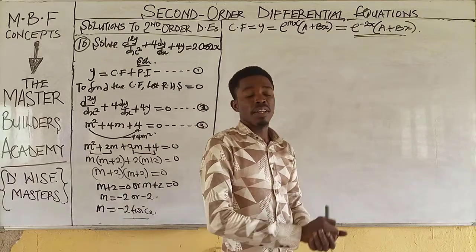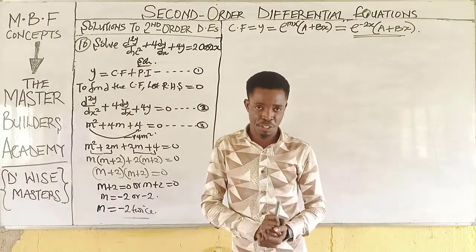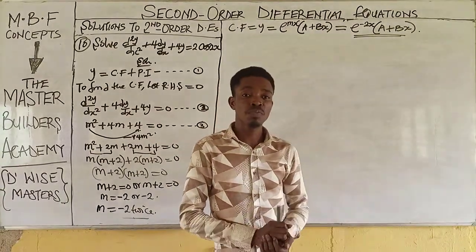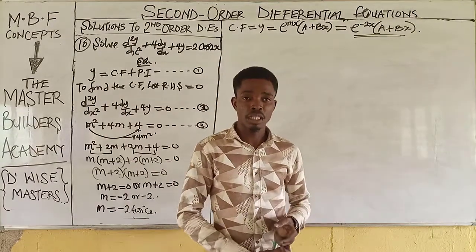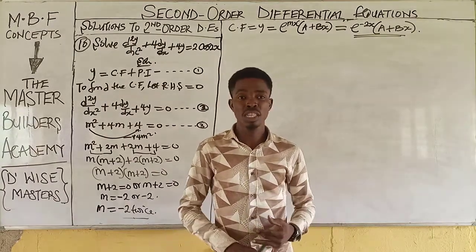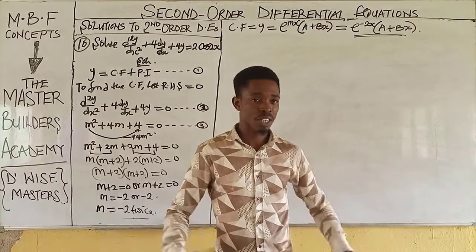We have successfully obtained the complementary function. The next thing we are quickly going to do is to obtain the particular integral following the usual process.